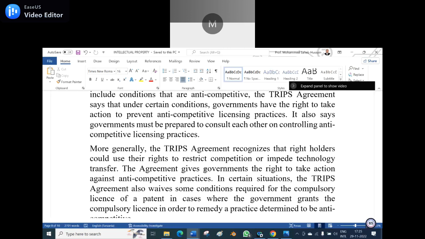See, competition is allowed, but it should be fair competition, not at the cost of reducing the price. Moreover, its viability should be there, and good marketing should be there in the market. The agreement gives the government the right to take action against anti-competitive practices, like selling at very cheap rates.